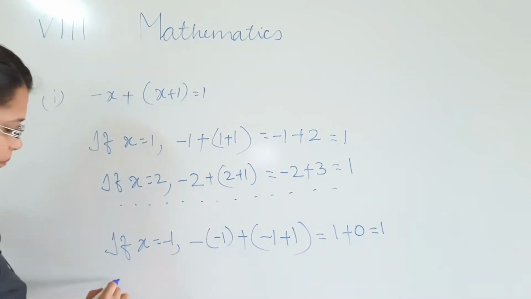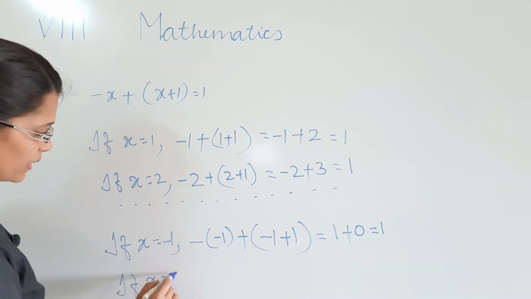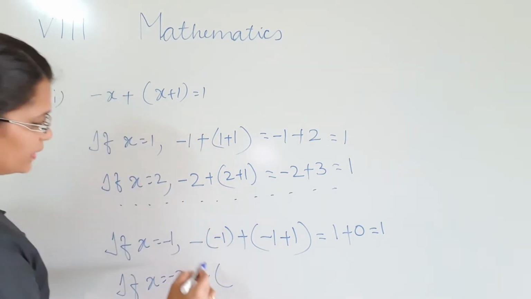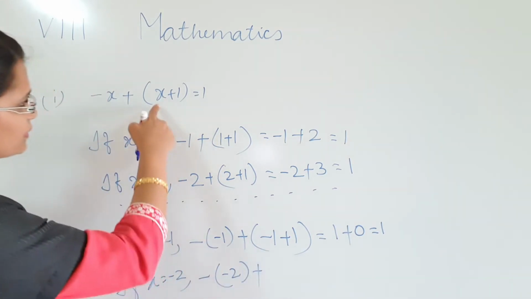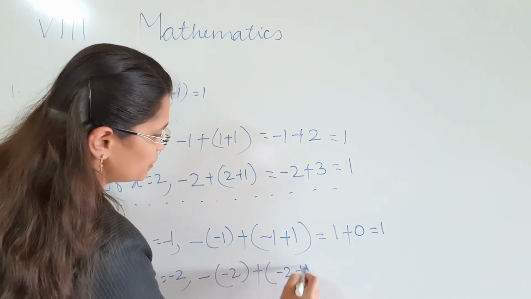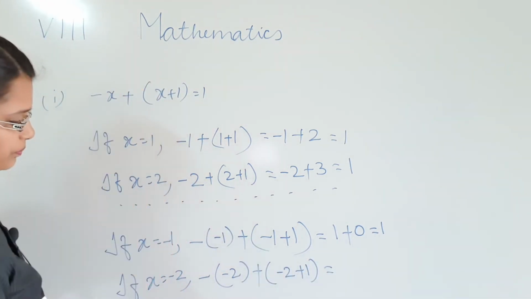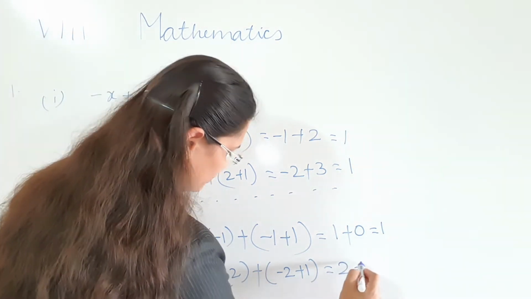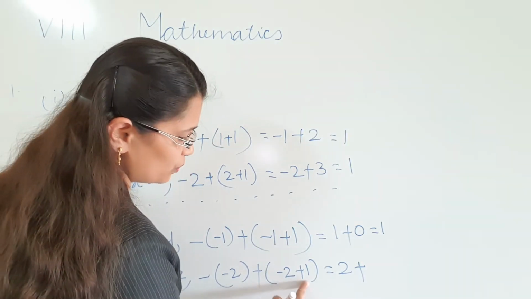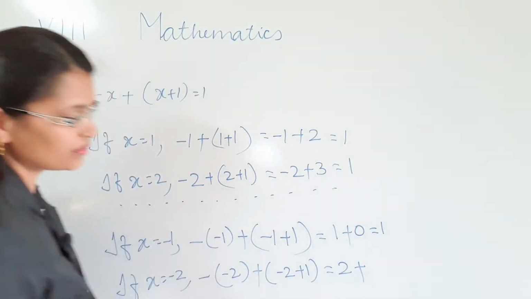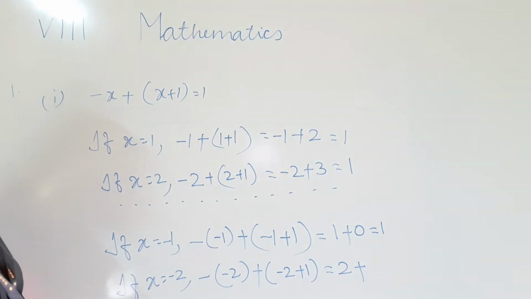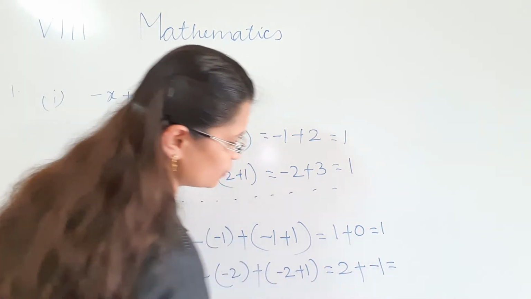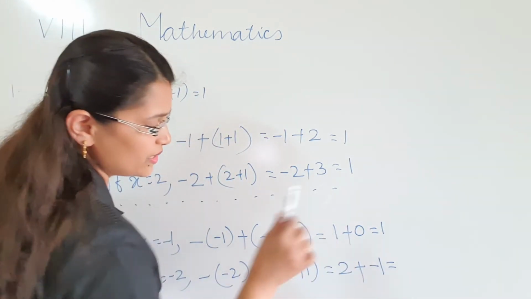Then, if x is equal to minus 2, minus of minus 2 plus minus 2 plus 1 is equal to minus of minus 2 means plus 2 plus minus 2 plus 1, that is 1 minus 2. 2 minus 1 is equal to 1, 1 minus 2 is equal to minus 1 is equal to what? 1 is plus, 1 is minus.